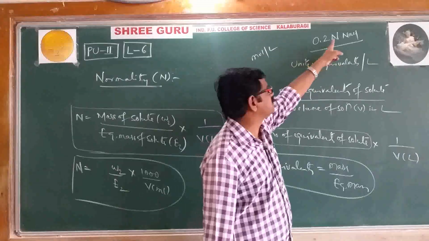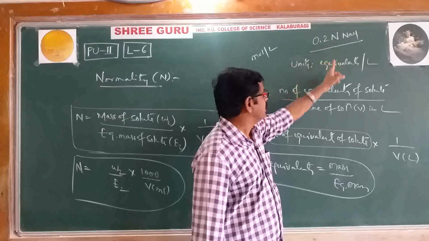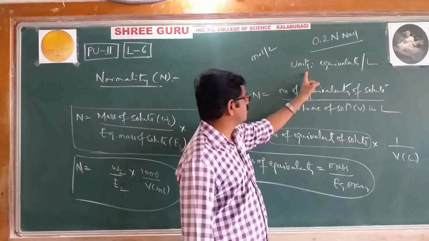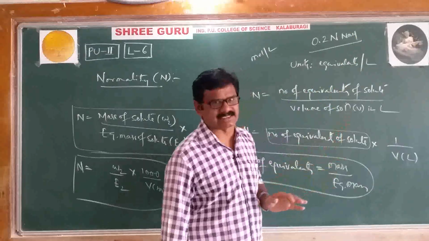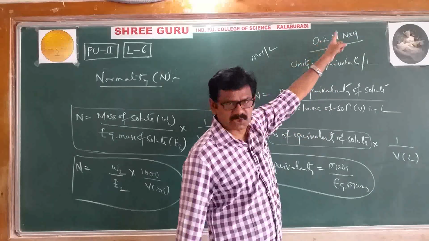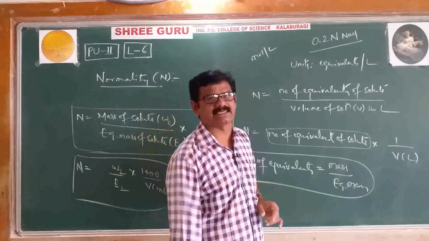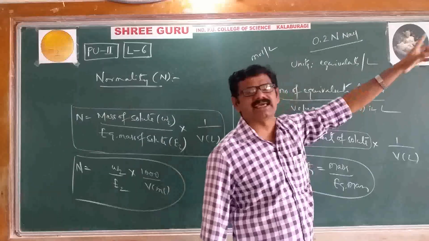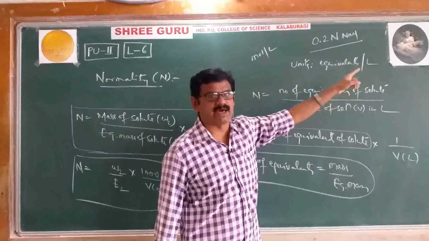That's 0.2 normal NaCl, or 0.2 equivalents per liter NaCl. That's it. Okay, 0.2 normality NaCl, or 0.2 normal NaCl, or 0.2 capital N NaCl, or 0.2 equivalents per liter NaCl. Just like moles per liter, here equivalents per liter.